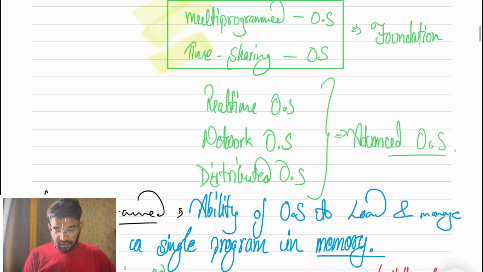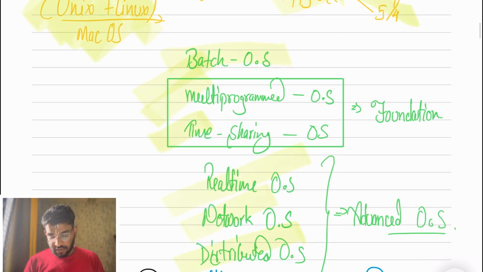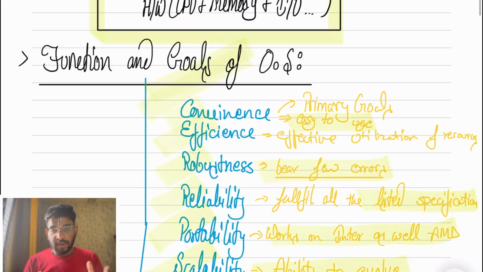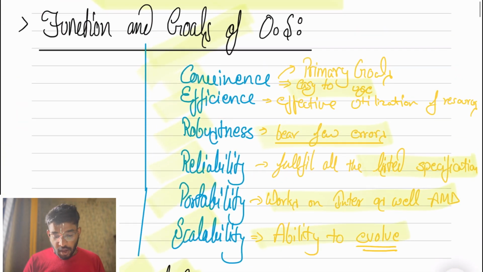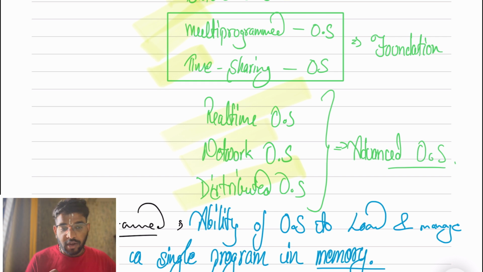Then advanced operating systems consist of the real-time operating system, network operating system, and distributed operating system. As we have discussed about our goals, the goals or objectives of an operating system differ. For a real-time operating system, the main objective is neither convenience nor efficiency, but the time at which the results arrive.